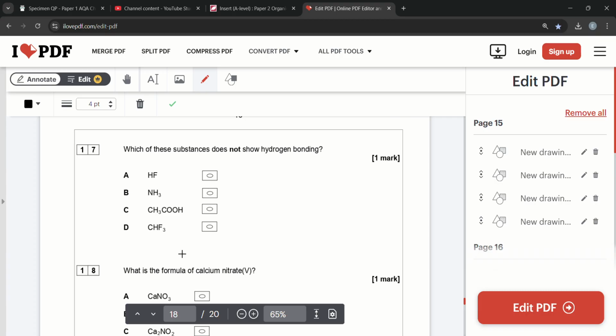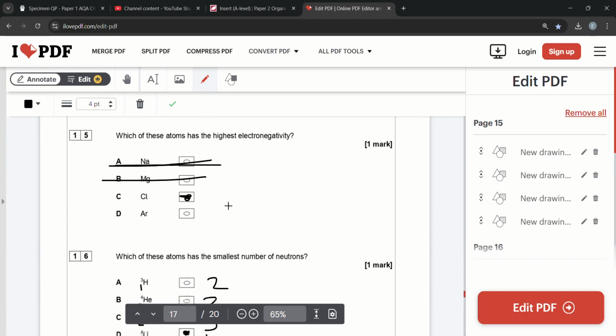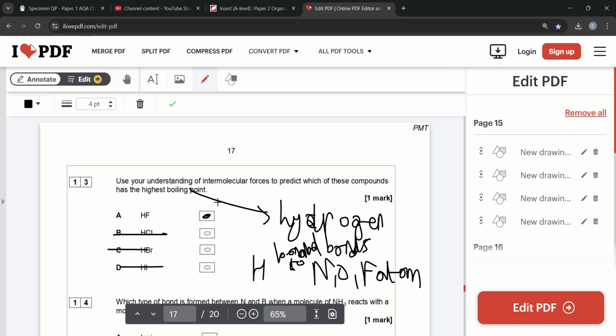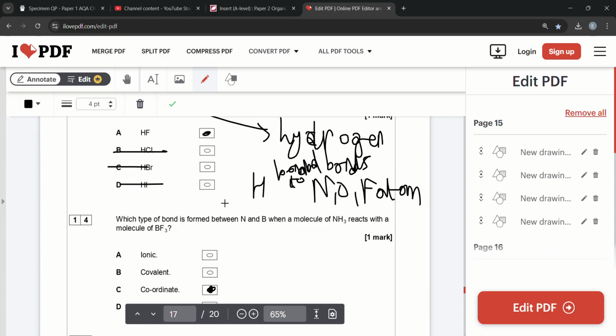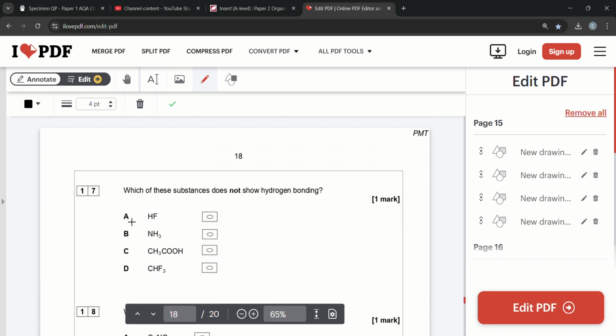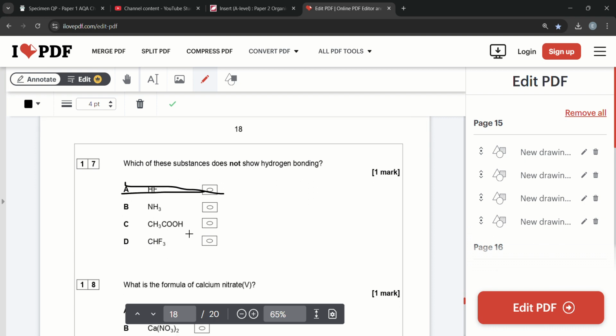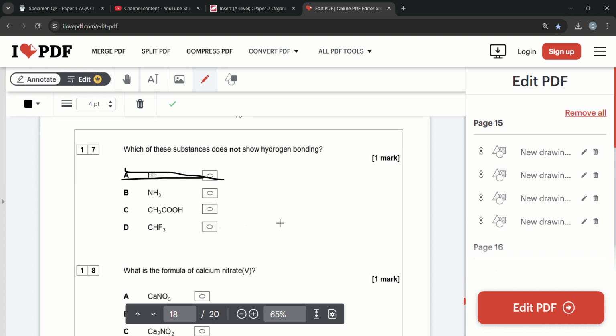Question 17. Which of these substances does not show hydrogen bonding? For 13, we needed to look for which one has it. In this case, which one doesn't? HF clearly does. NH3, CHF3. Hydrogen bonded to an F atom.